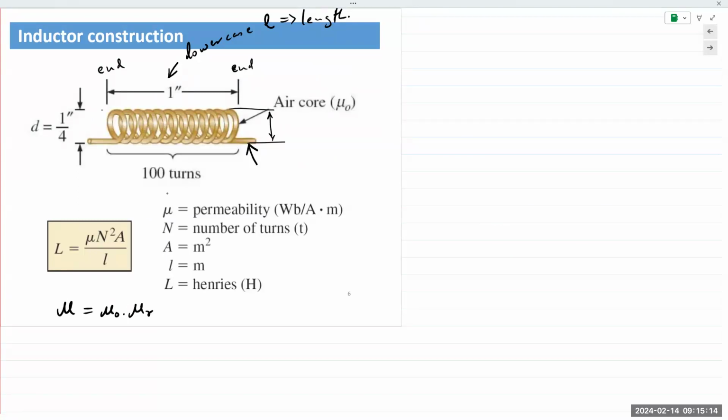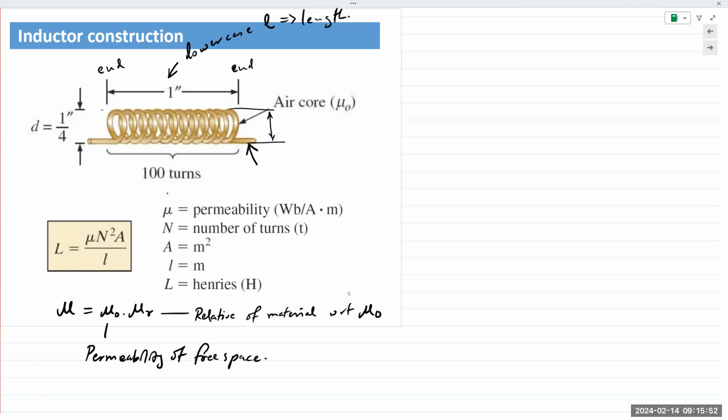Mu r is the relative permeability of that specific material relative to the permeability of free space.